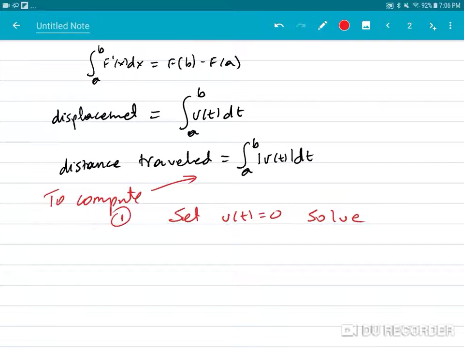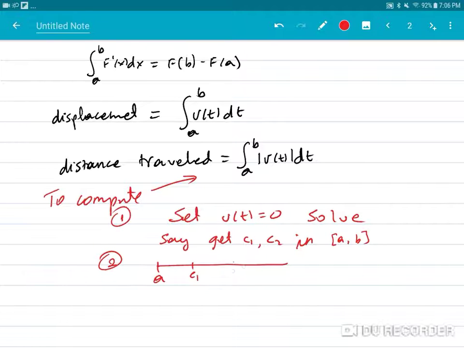So that's the first step. Let's say you get c1, c2. I'm just making c1, c2 as solutions inside of the interval a, b. Okay, so let's put them in order. We have a here, c1 here, c2 here, and b here.